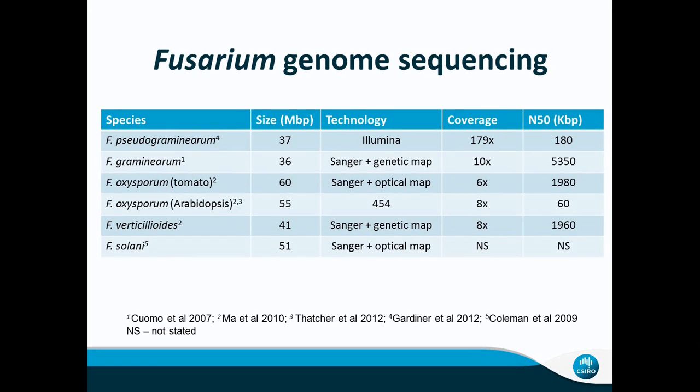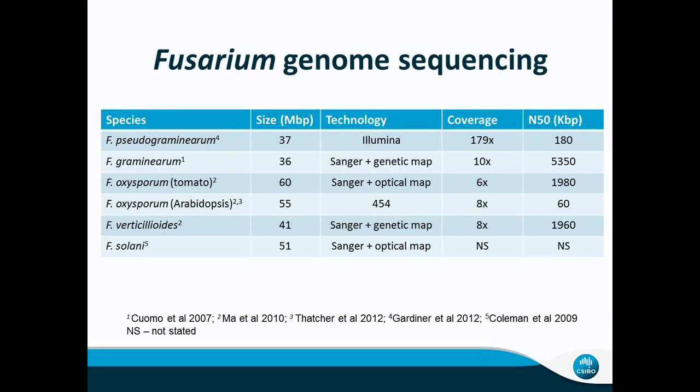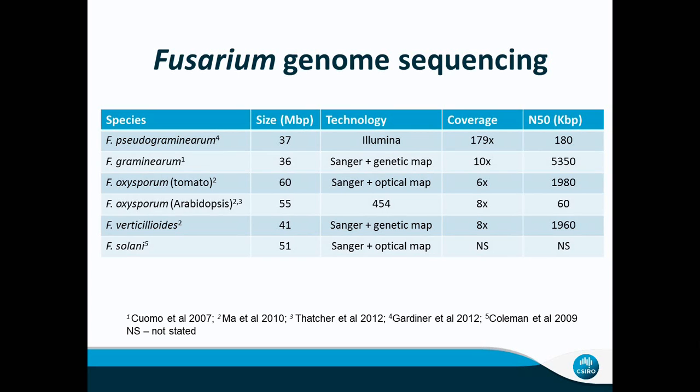If you look at the genomes of these, actually the Fusarium oxysporum infecting tomato and other Fusarium species infecting Arabidopsis seem to have relatively larger genomes than some of the other Fusarium species.